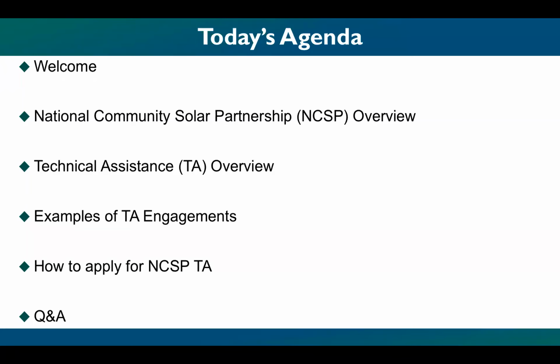Then we will have Naeem Dargouth of Berkeley Lab, Alexandra Aznar of the National Renewable Energy Laboratory, and Kyle Fricker of the U.S. Department of Energy give some examples of technical assistance. Then I will walk through how to apply for TA through the NCSP. And finally, we will have some time for Q&A.